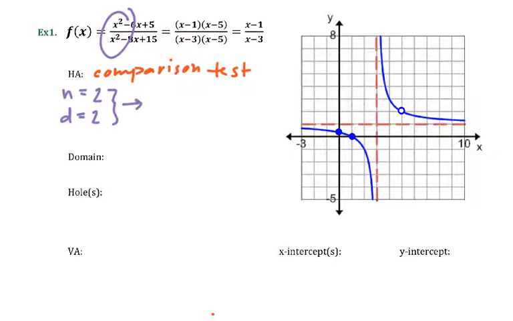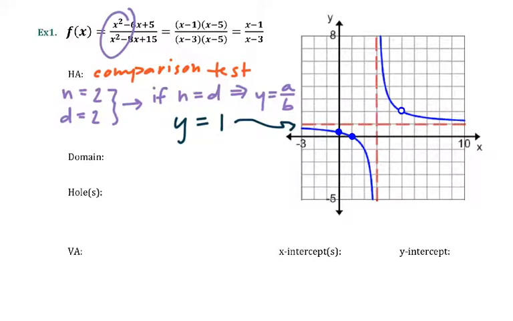If n equals d, then we're going to have y equals a over b, where a and b represent the leading coefficients. If you look right here, I drew a little invisible 1. So in this case, we end up with y equals 1, and you can see y equals 1 showing up right here on my graph.